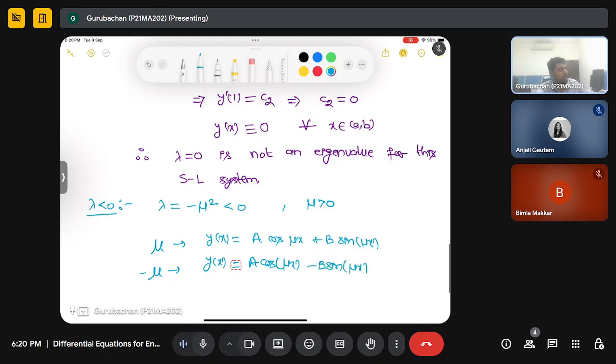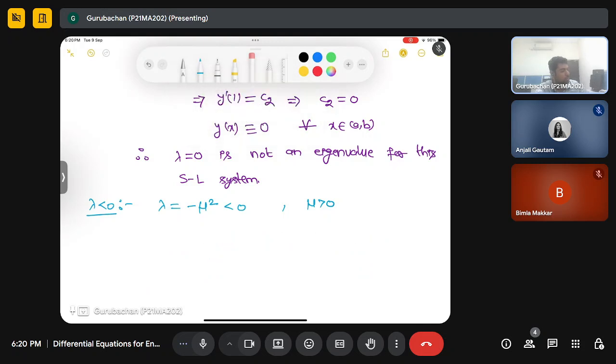If you observe that, you can just change the arbitrary constant and the solution will be the same. So we will only consider mu to be positive. So therefore, let me erase this one.